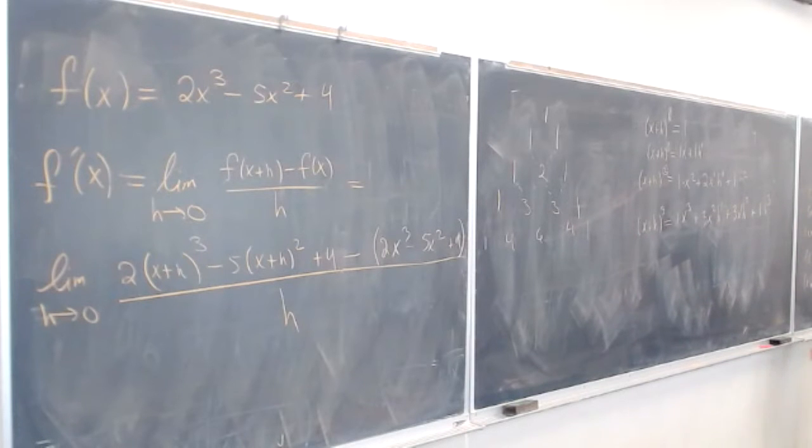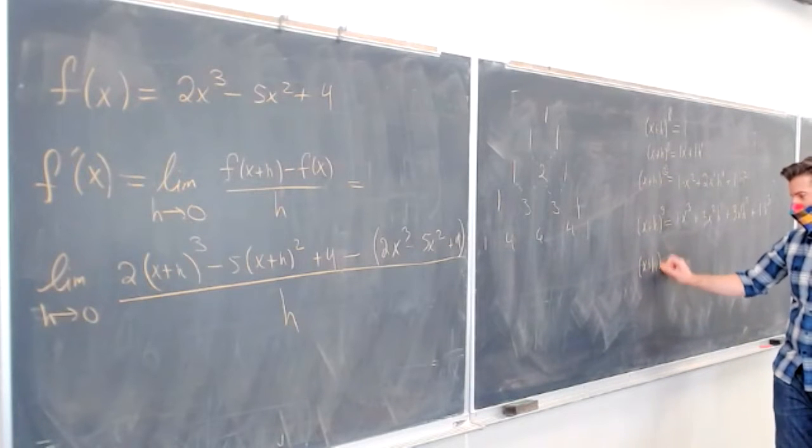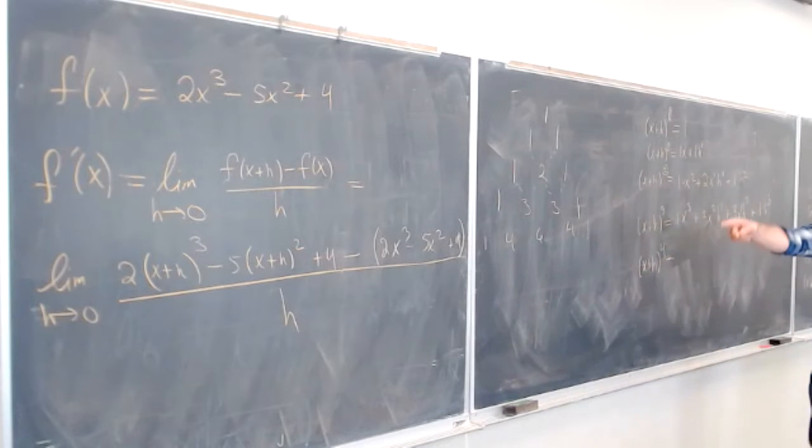And if someone was cruel and said, tell me what x plus h to the 4th is, because I want you to do the derivative of something to the 4th, the coefficients would be 1, 4, 6, 4, 1, and we would get x to the 4th plus 4x cubed h plus 6x squared h squared plus 4x h cubed plus h to the 4th. And it goes on.